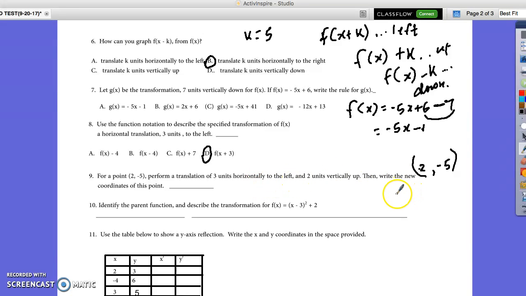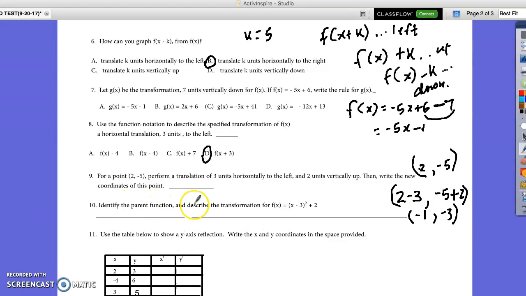You take the x coordinate and you directly subtract the 3 from it. And then it says 2 units vertically up. You take the y coordinate and you add 2 units to it and you get your answer. So that would be your negative 1, comma, negative 3. Okay, so this one, no parentheses, no f of anything, you just take it literally the way it's given.